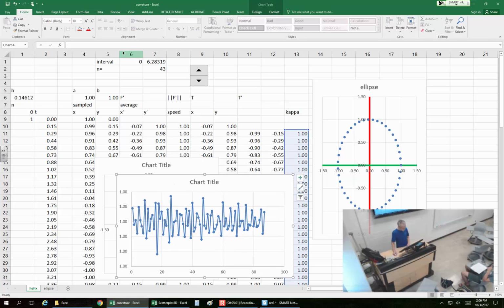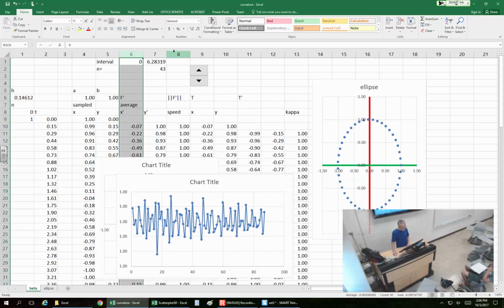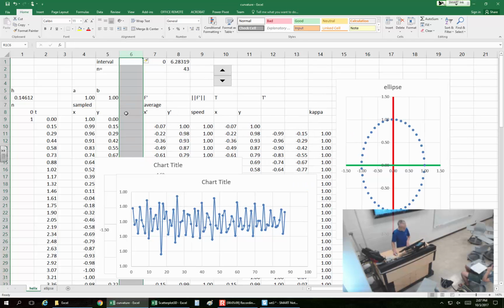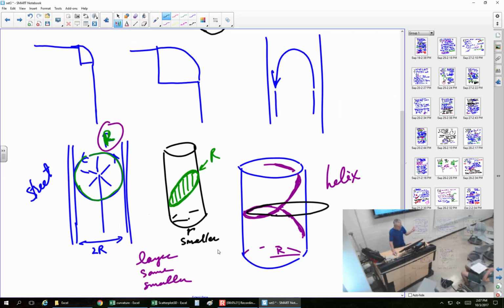So what I'm going to do is add a column here to accommodate z. So I'm putting z over here, and then what remains is just to enter the formula, which is very simple.